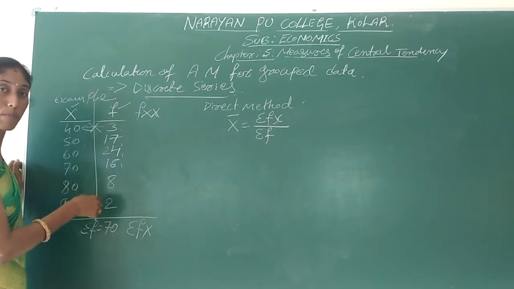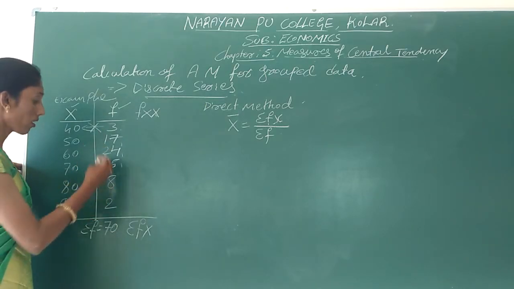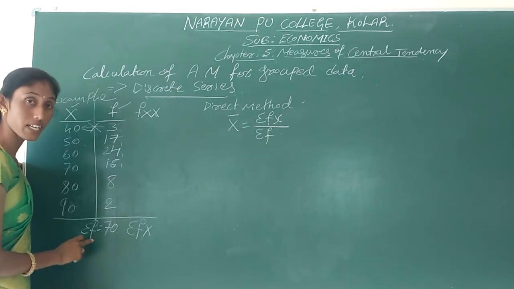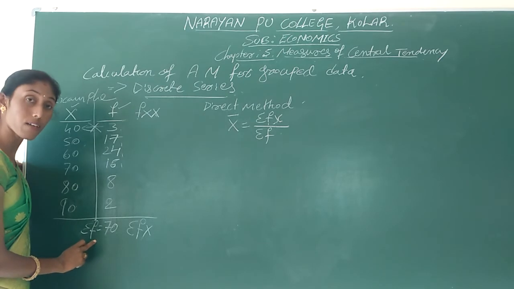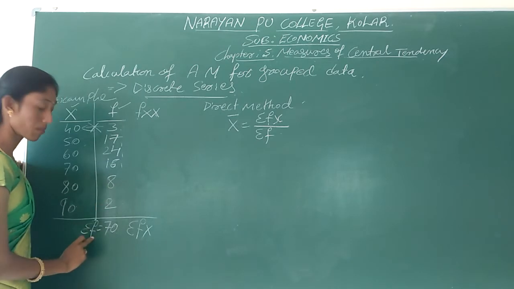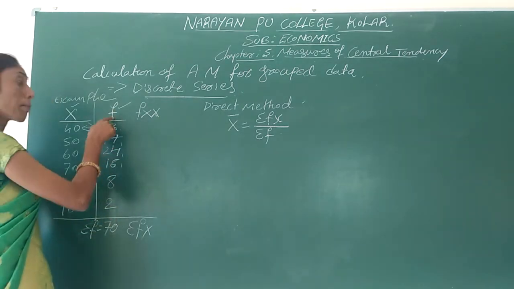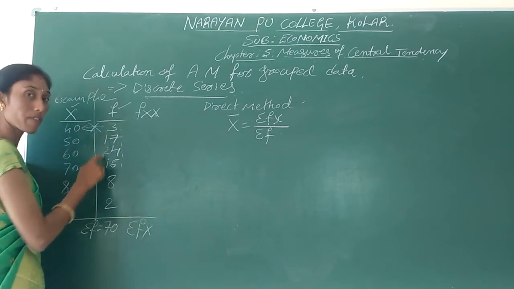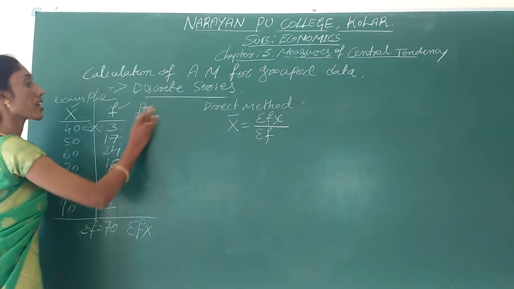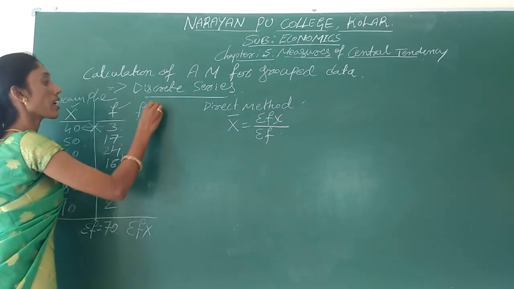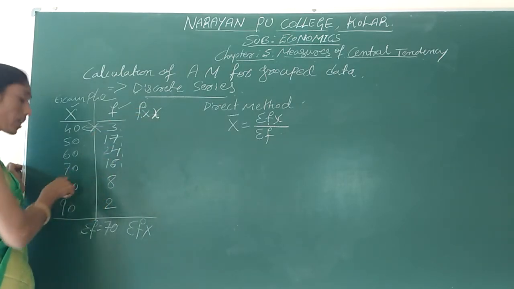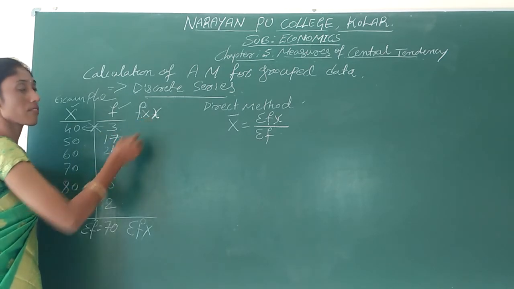Just add by using the calculator or on your own, we will get 70. This is sigma f. By adding all the frequencies, we get sigma f. Now, by multiplying the frequencies with the observations, we will get f into x.